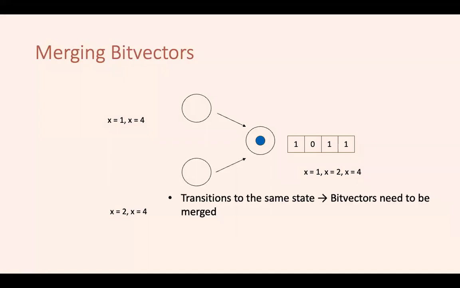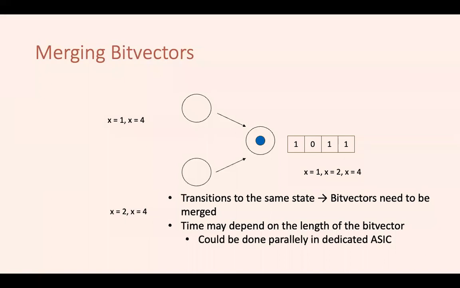So this is component-wise OR. This might require touching all the elements in the bit vector because we are doing element-wise OR. In some hardware ASIC, we could have some dedicated thing which does all of this.